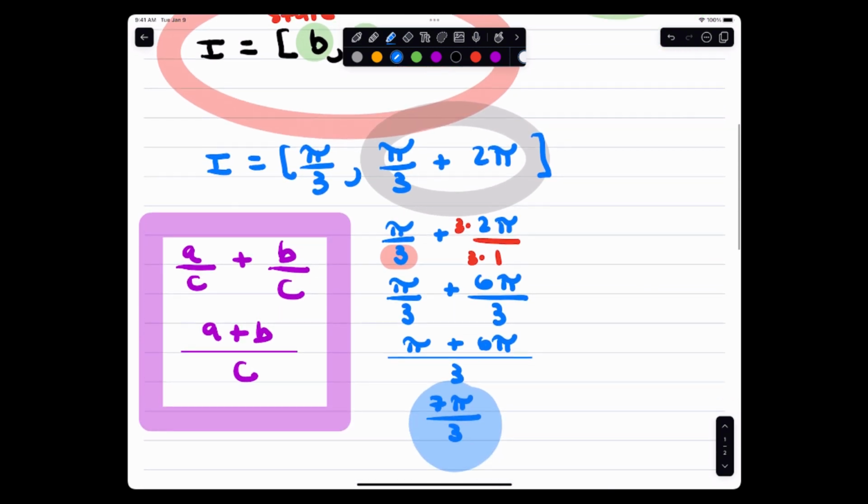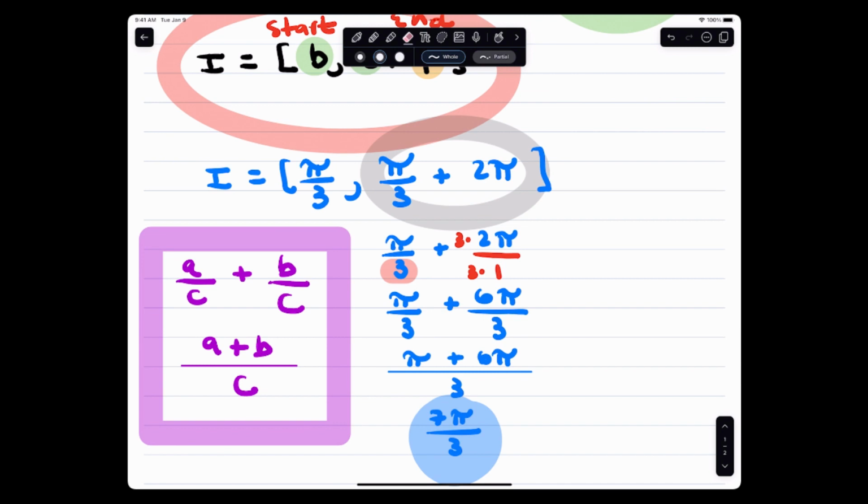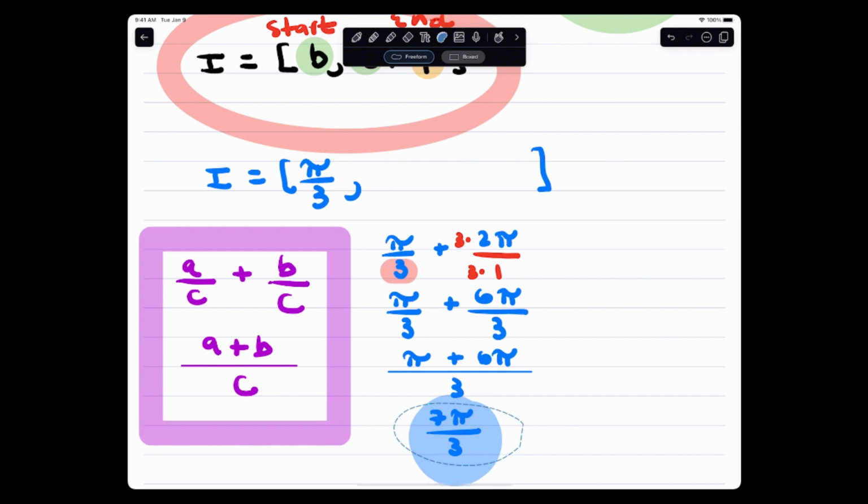So you say, do I replace this with 7 pi over 3? The answer is yes. Now, it's in your notes. It's in the video. But the point I'm making is, to get the interval of one cycle, you need to do some arithmetic.